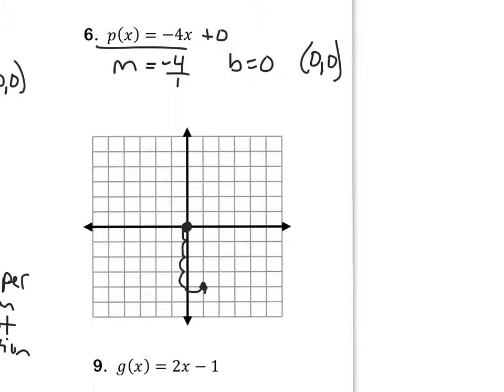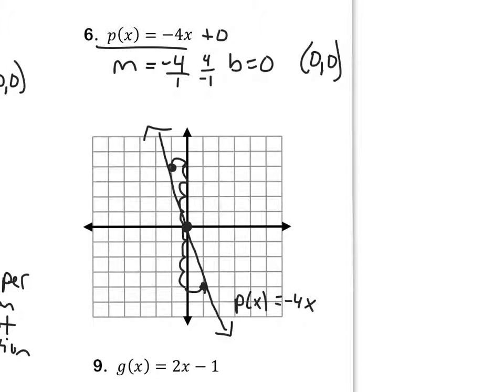And I can't do that again, I'll go off the graph. So I'm going to do this backwards, and I'm going to do a +4 over -1, which means I'm going to go up 1, 2, 3, 4, but then I'm going to go backwards for -1. So now I have a line that looks like that, and that's going to be p of x equals -4x.